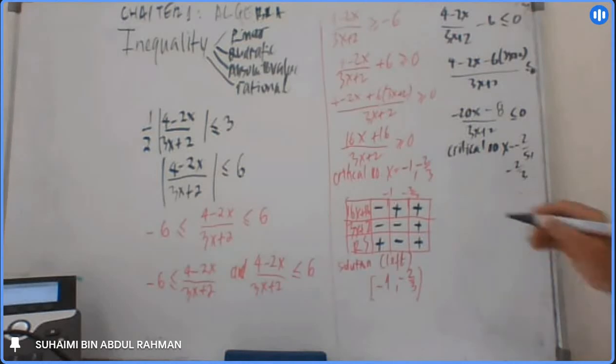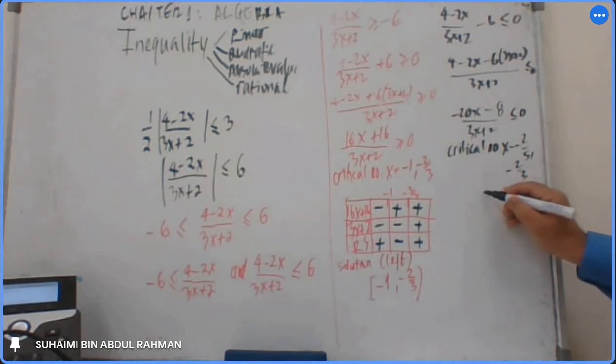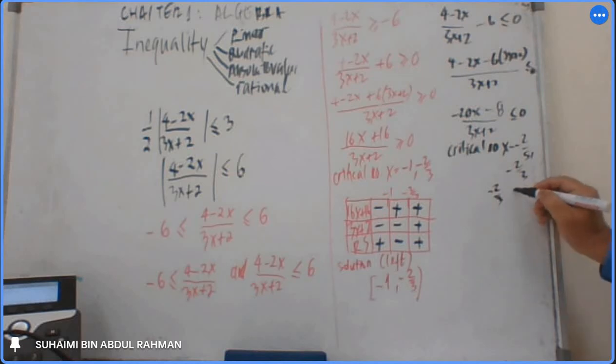Okay, so now construct the sign diagram with minus 2 over 3 first, and then minus 2 over 5.